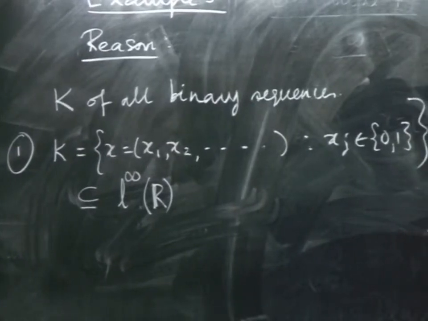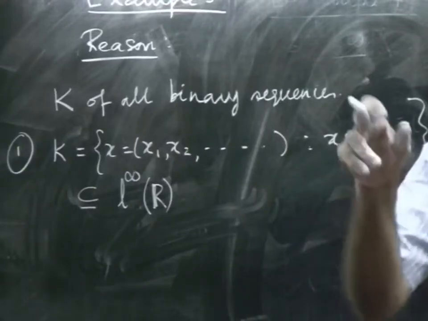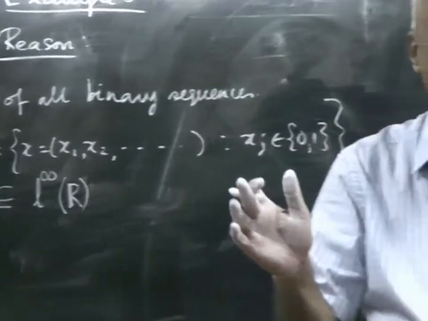How big is it? As big as the real numbers, because any binary sequence is associated with a real number between 0 and 1. So it is as big as the interval [0,1], and the interval [0,1] is as big as the real numbers.